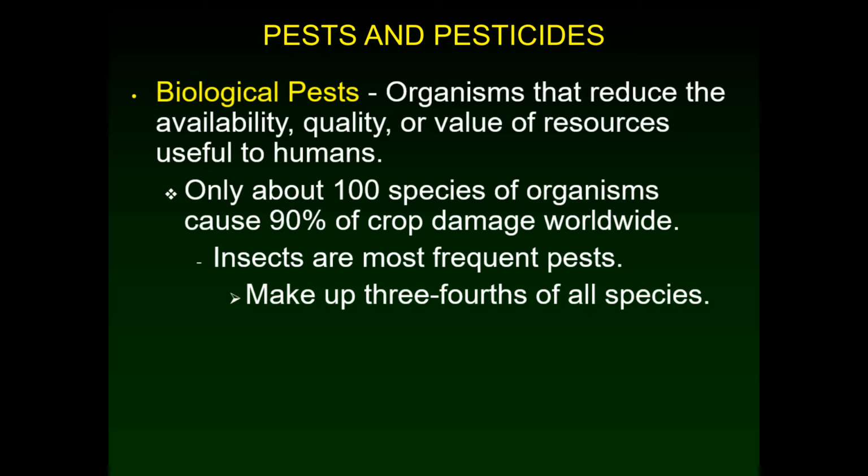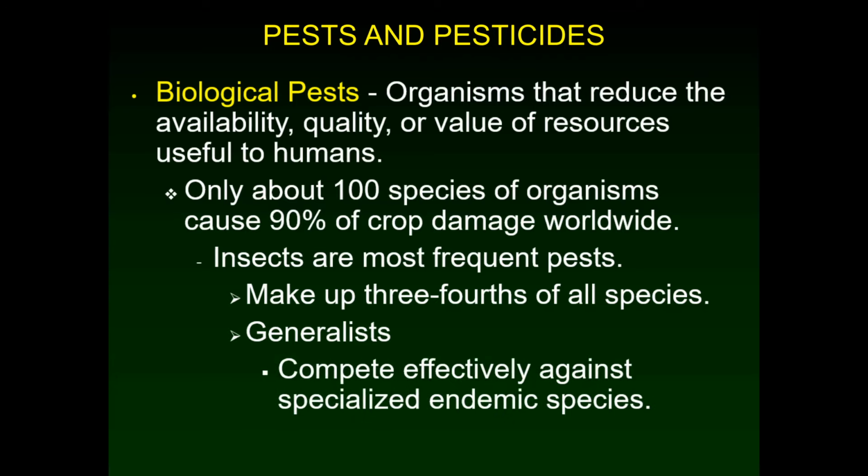Insects make up about 3/4 of all of the species that cause problems. And they tend to be generalists, meaning that they compete effectively against specialist species and specialized endemic species. They eat almost everything, while specialists are very fixated on one thing that they generally eat.